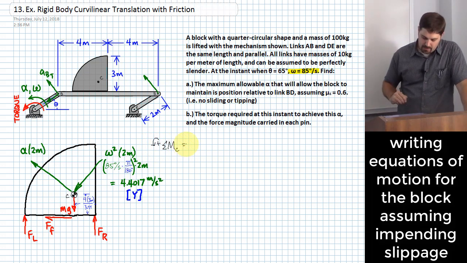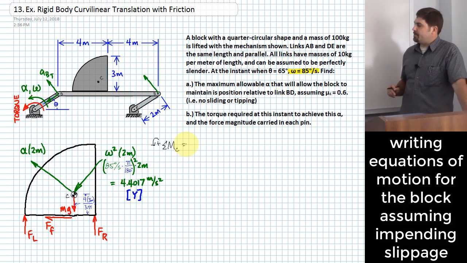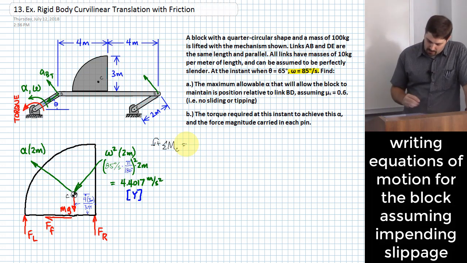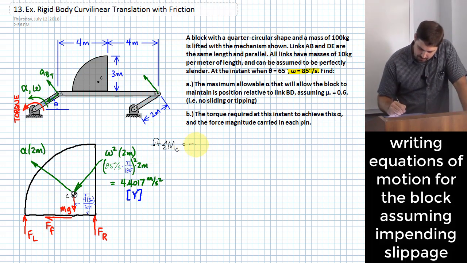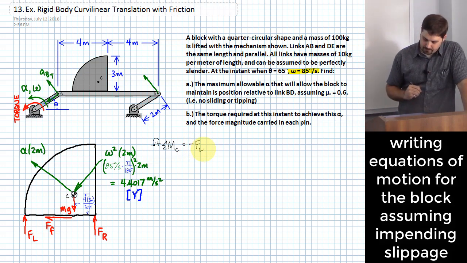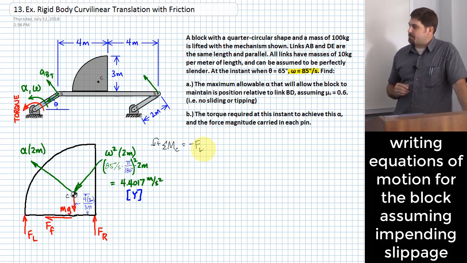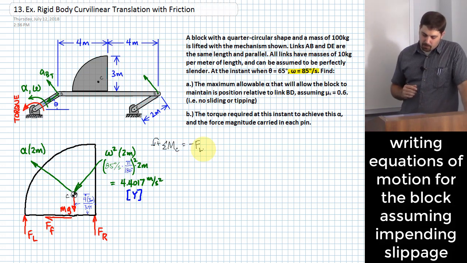Okay, so what kind of forces do I have applied around the center of gravity? Or what moments do I have applied around the center of gravity? Okay, yeah, I think I heard someone say the left force. I'm putting a negative there because it's putting a clockwise moment around the center of gravity. What's the length between that force and point C?